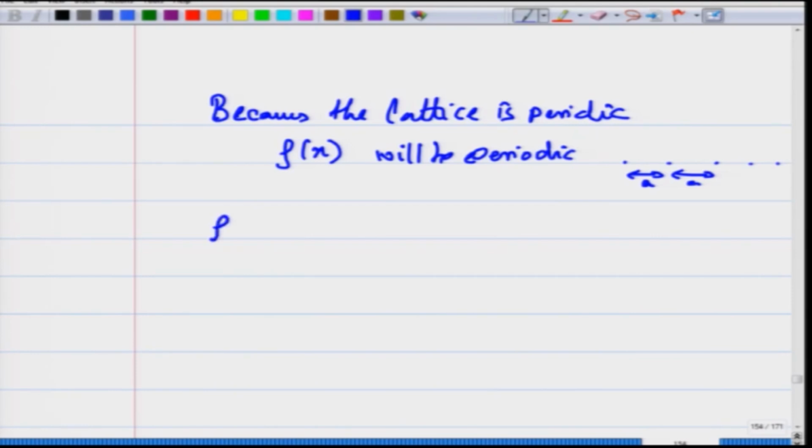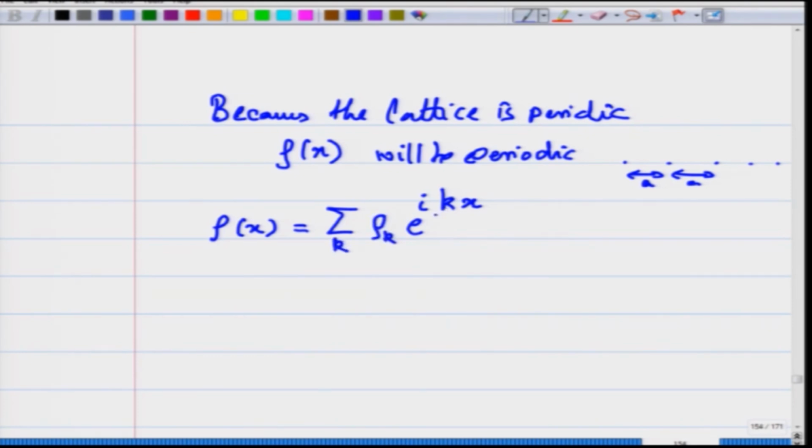So, I can write rho x as a sum of Fourier components rho k e raised to i k x, where I give an index k and I take a sum over all k.